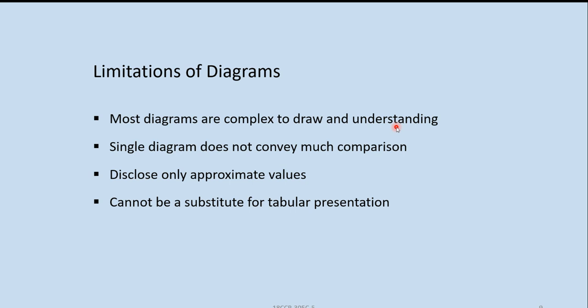And it does not exactly reflect the values. We can understand the approximate value of the data, but there is one limitation, that is, if there is a small difference in the data, we cannot easily convey the message, or we cannot easily understand exactly that some meaning is there in that.